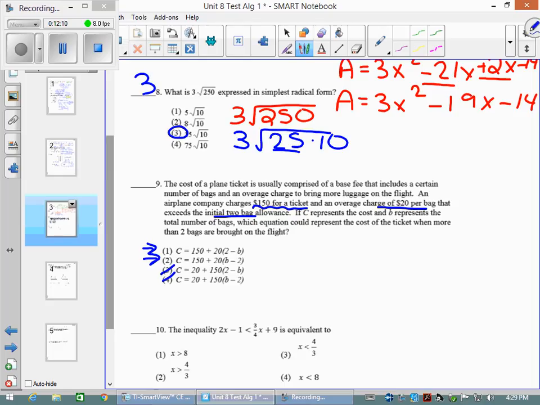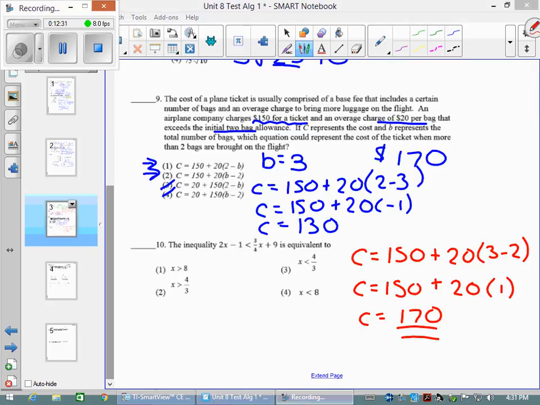So let's say bags is 3, I have 3 bags, it would be $150 plus another $20 for that additional bag. So it should be $170. And I would plug that into these equations and see which one works.